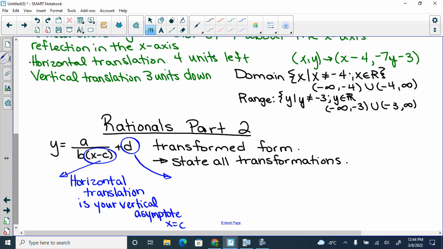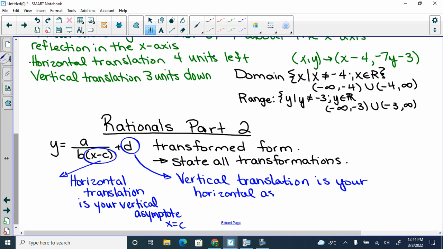Your vertical translation is your horizontal asymptote, y equals d. So that's what we went over yesterday.